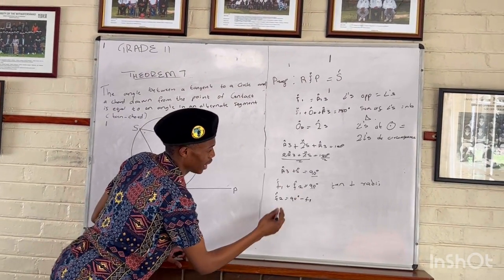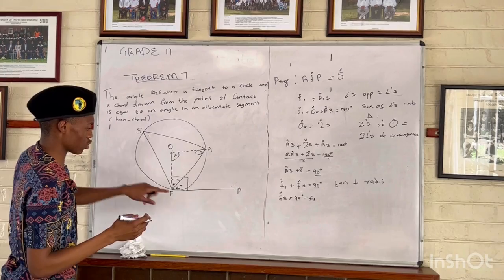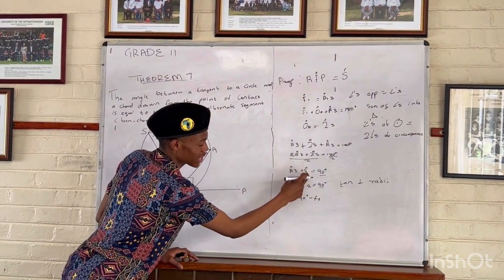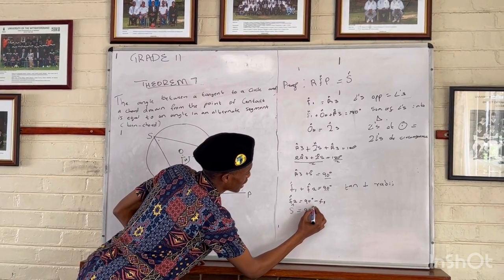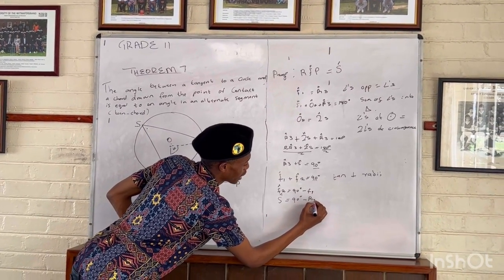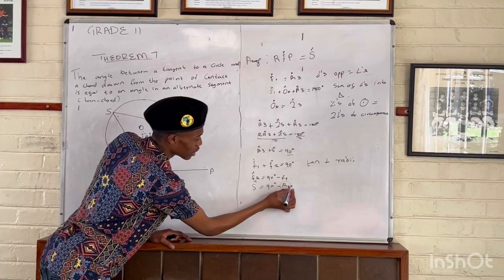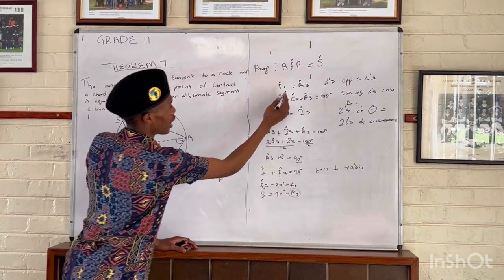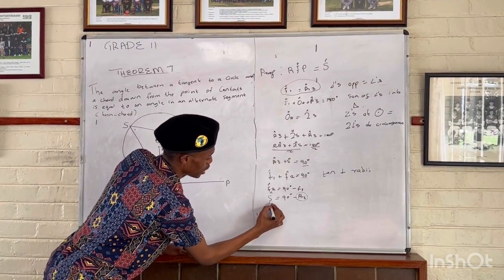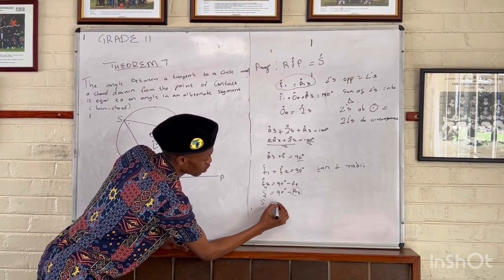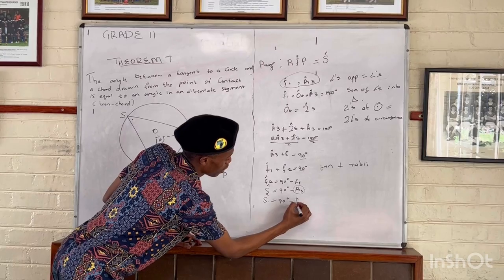Then here we have angle S. We have to prove that angle S is equal to F2. Then we can make S the subject of the formula. Then we can say angle S is equal to 90 degrees minus angle R3. Remember that R3 is the same as F1. It means that we can say angle S is equal to 90 degrees minus F1.